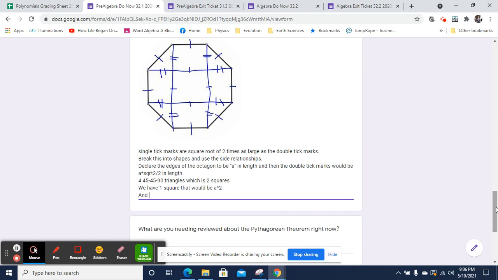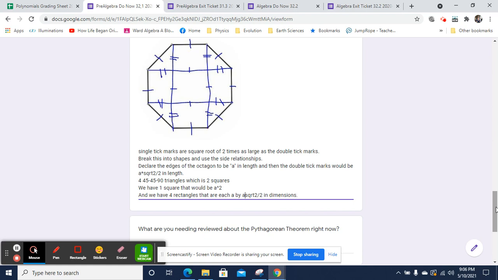And we have 4 rectangles that are each a by a square root of 2 over 2 in dimensions.